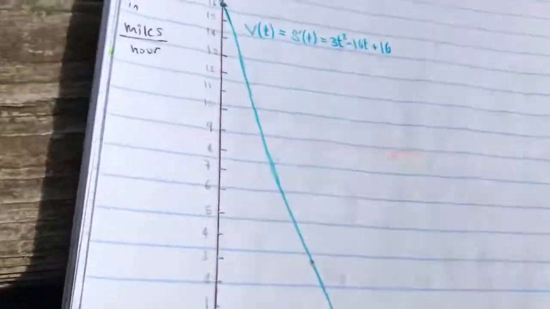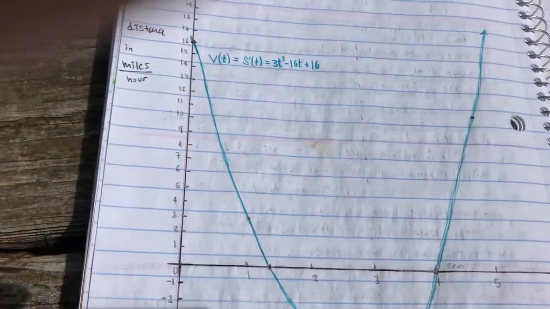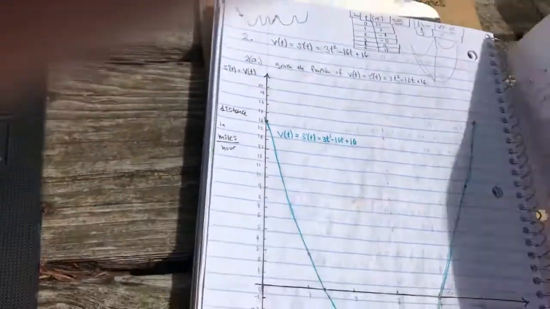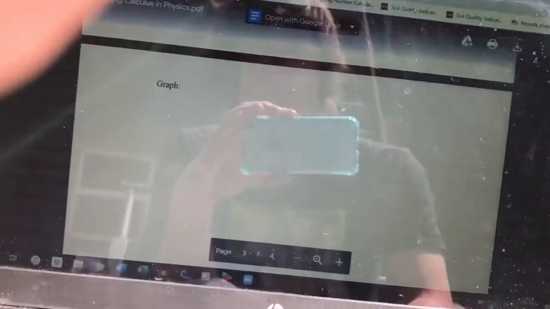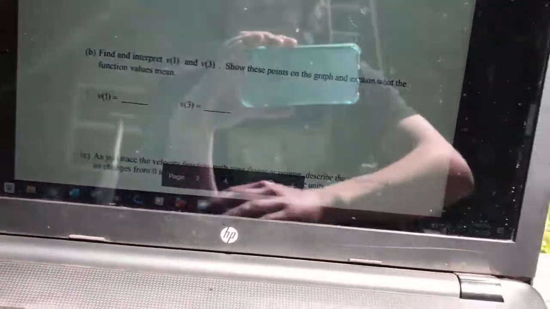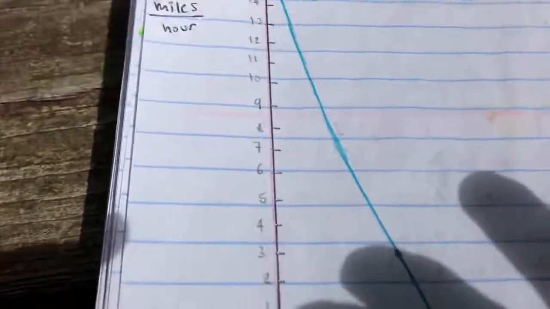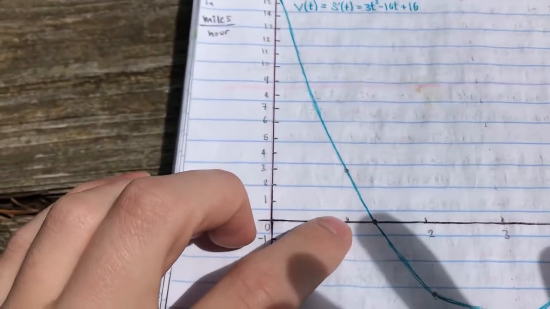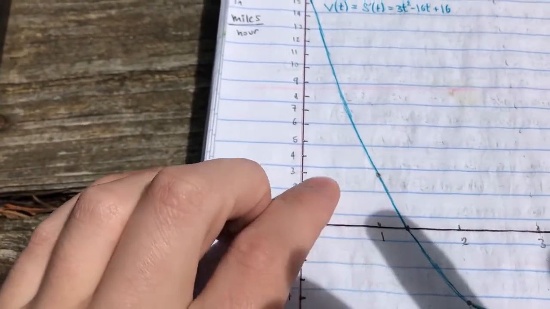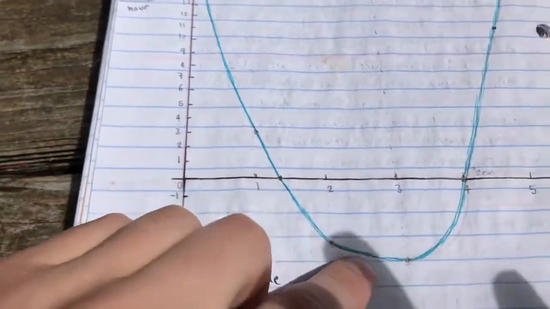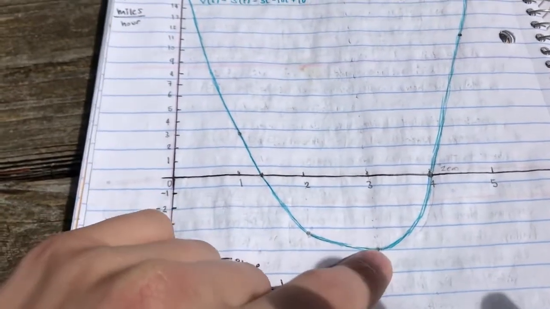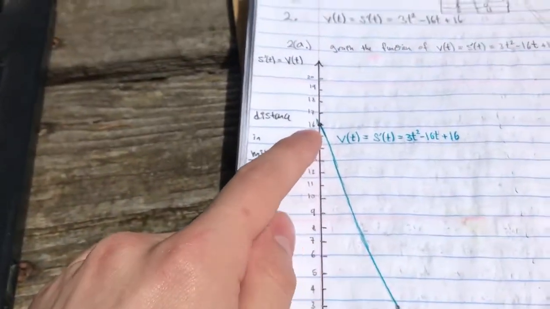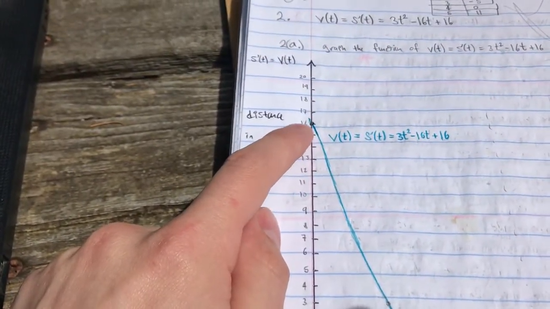And if we look at the parabola, on the parabola, v of 1 is 3 miles per hour, v of 3 is negative 5 miles per hour, v of 0 is 16 miles per hour.